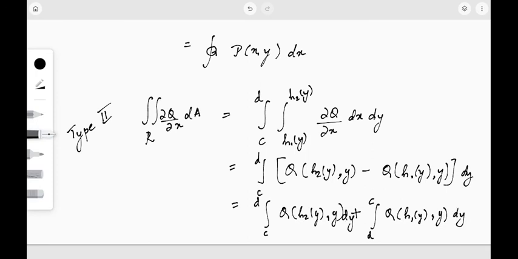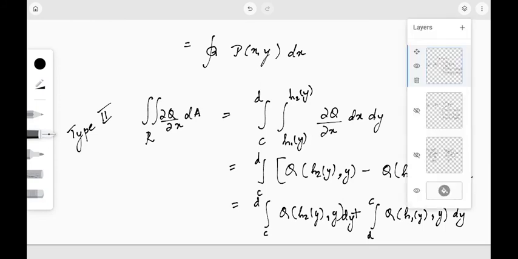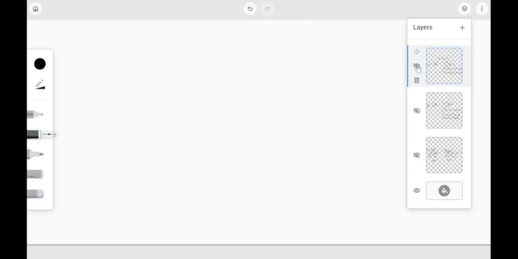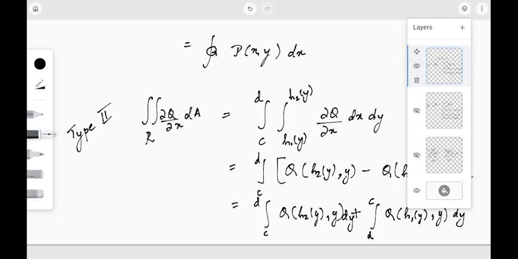So again, if you recall the figure that we have seen, type 2, here from d to c we have x is equal to h1 of y, so from d to c we are moving, then from c to d again. So when we cover this whole integral, we'll cover this whole region along the curve c, and the integral will be correspondingly the line integral over the closed curve.